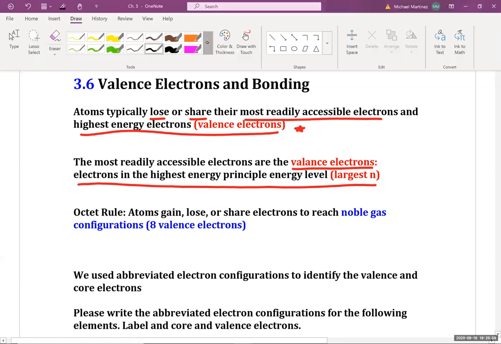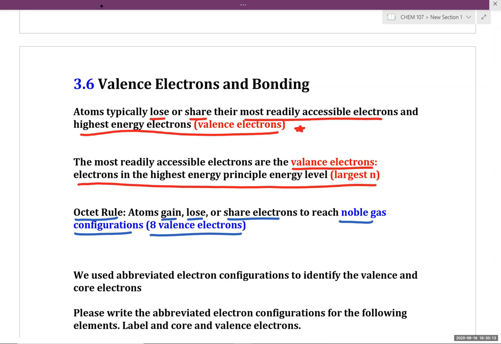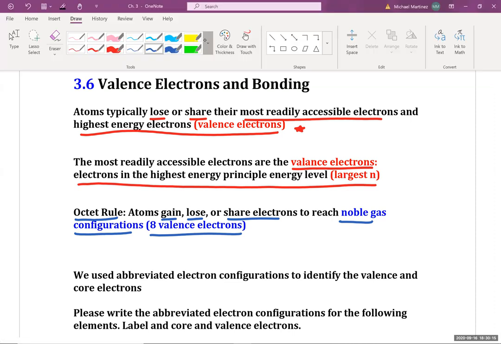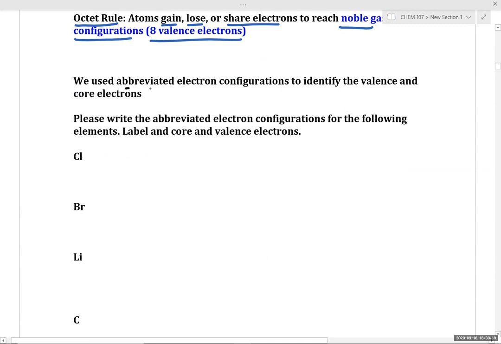That in turn leads us to a really important rule known as the octet rule, where atoms will gain, lose, and share electrons to reach noble gas configurations, 8 valence electrons. The reason why we teach abbreviated electron configurations is that they can be used to identify the valence and core electrons.